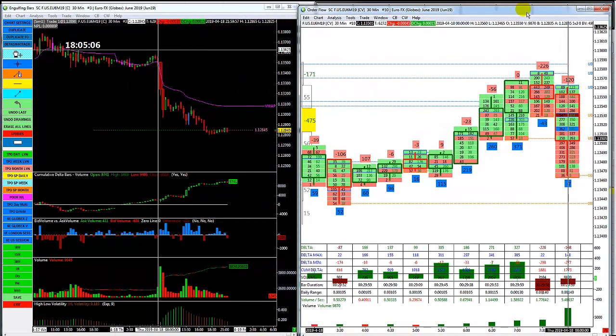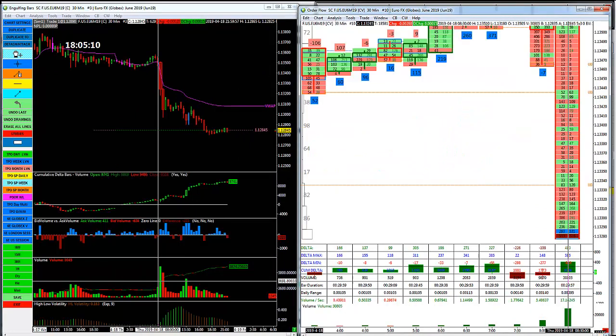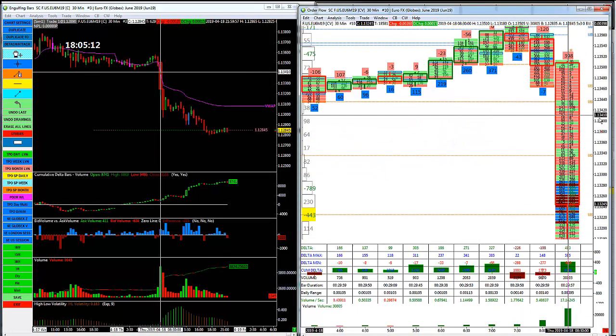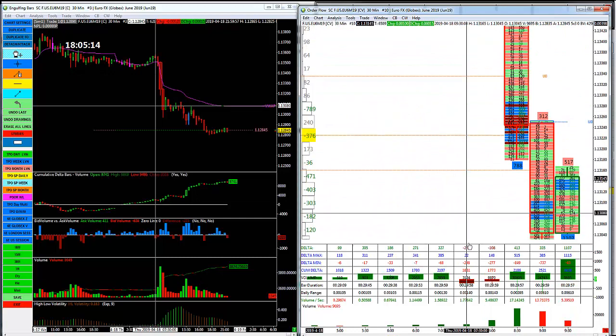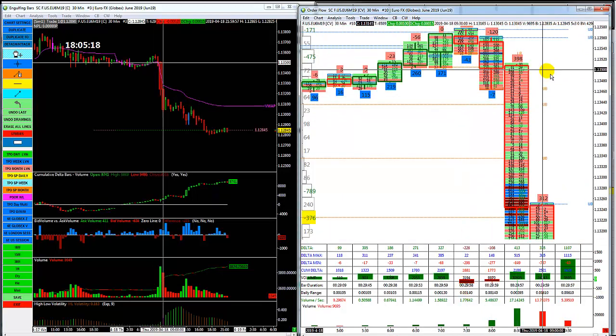Right. So at 8 o'clock, I'm not in the market yet, and that's when I come in. I come in, as we saw, at 1350, which is here, which isn't too shabby.